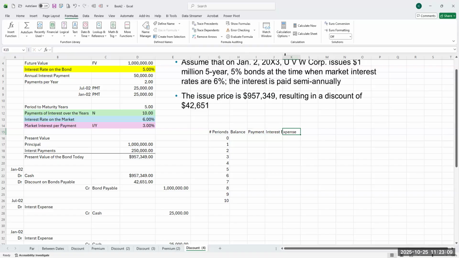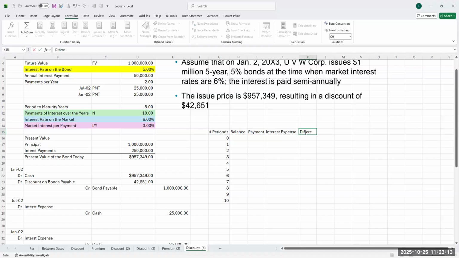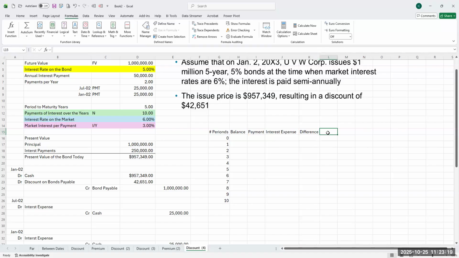Then next one will be the difference. Next one will be the accumulation of the difference, or that will be the discount.